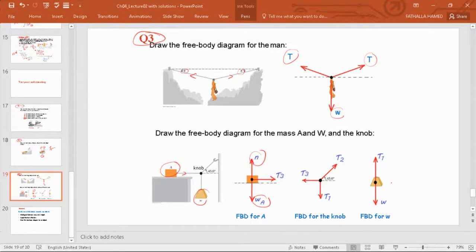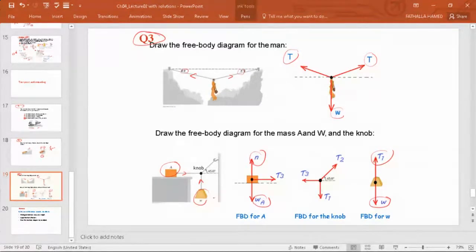Now, if I want to look at the weight, the weight is pulling down, and then the tension is pulling up. I will say that this is T1 because this is rope 1 for me. Now, again, you should not put a normal force here. Normal force only comes when there is a supporting surface.